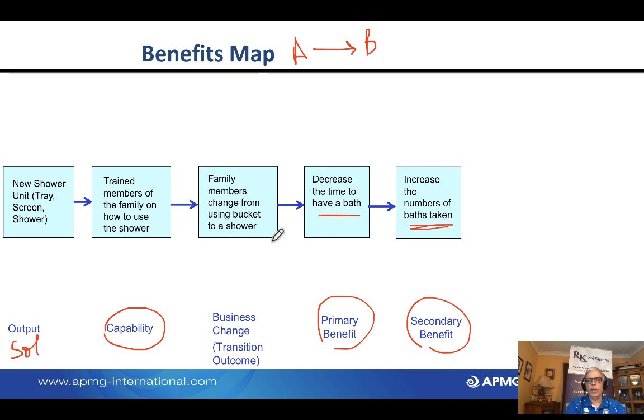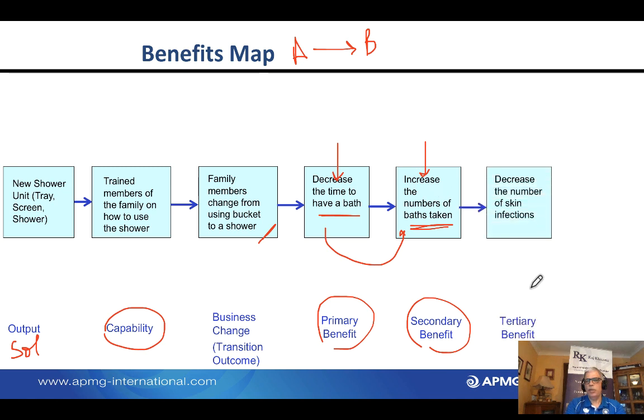Because if you see, in this case, changing from bucket to shower doesn't increase the number of showers you can have. The intermediary or the primary benefit must happen. So now you can see a map. Benefit here leads to the number of baths we have.